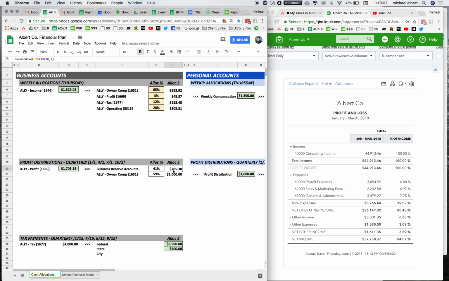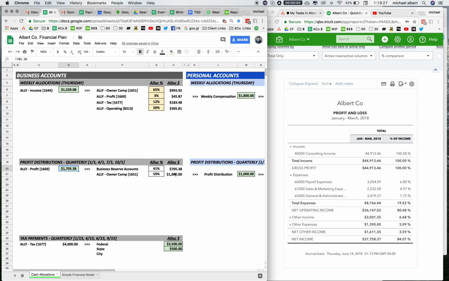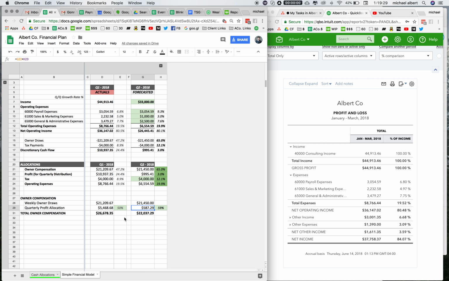And then this much I want to bump up my reserve. Now, this number, don't worry about this because this is basically what was in there from last quarter. So that number should really be about 587 once I do that. So that's how I come up with my quarterly targets.